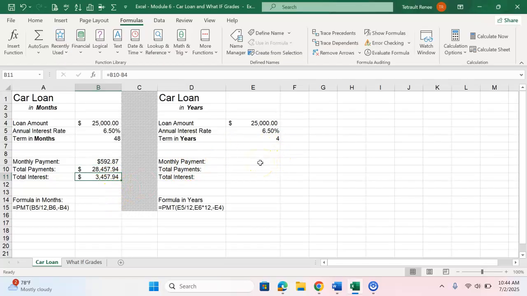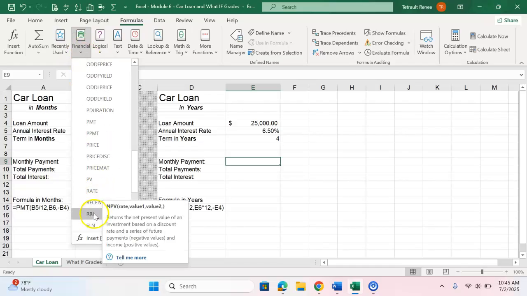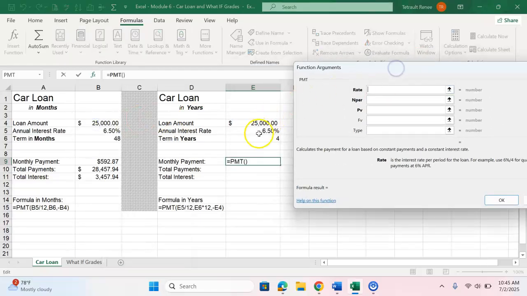So now I'll click over in E9, very similar, but we're just going to have to add one step because this is showing 4 years instead of the 48 payments. So I'll go into financial, I'll choose PMT. And you can always move this if it's in the way. So there's the rate.